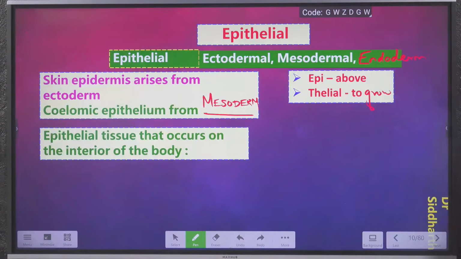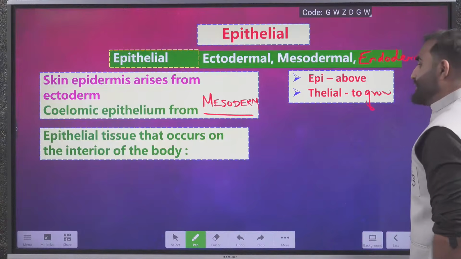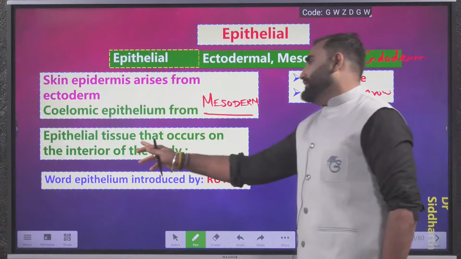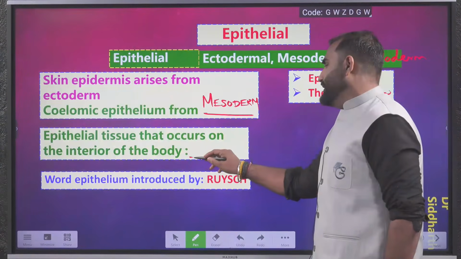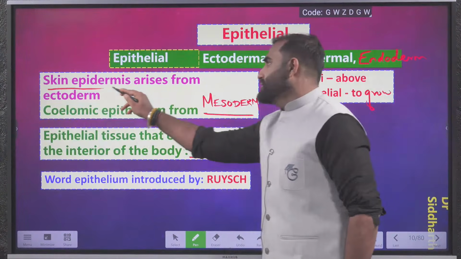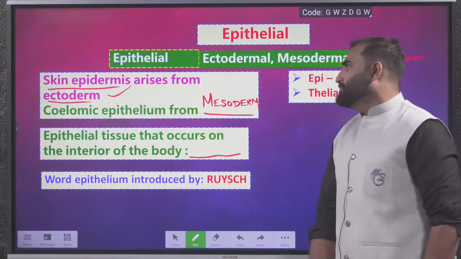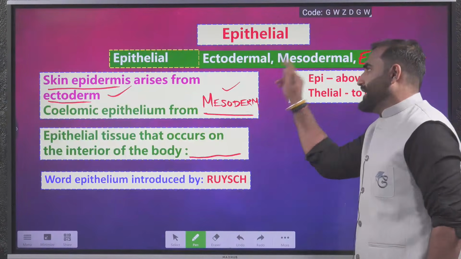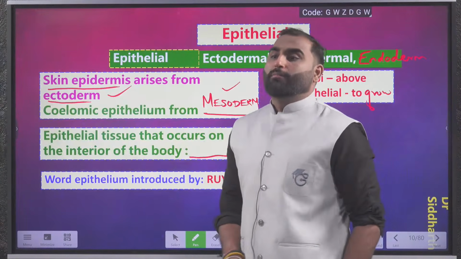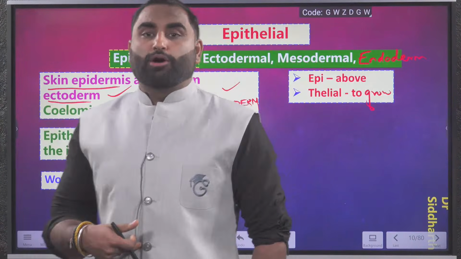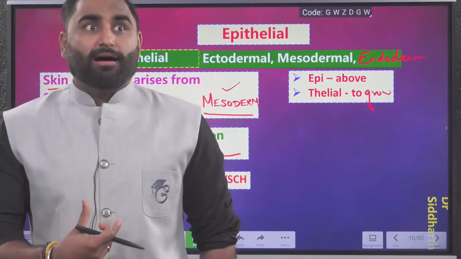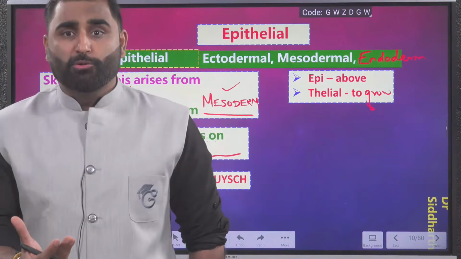Moving ahead. Epithelial tissue that occurs on the interior of the body, tell me the answer, it will be derived from which germ layer? Skin epidermis, we said, is derived from ectoderm. Coelomic epithelium, we said, is derived from mesoderm. Now, interior of the body, like your alimentary canal lining, trachea, fallopian tube.